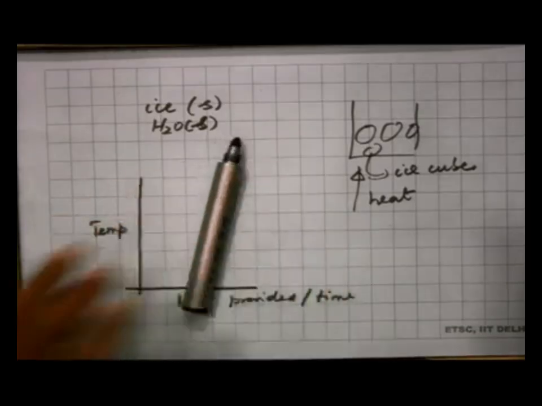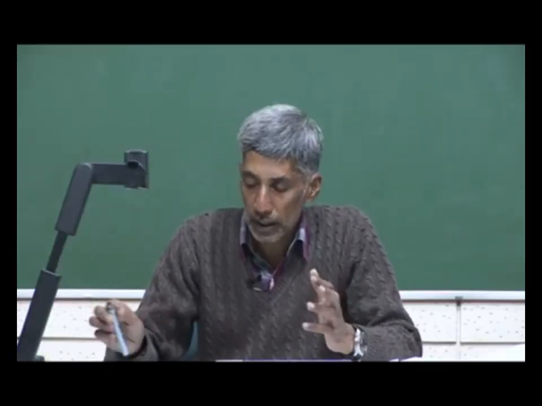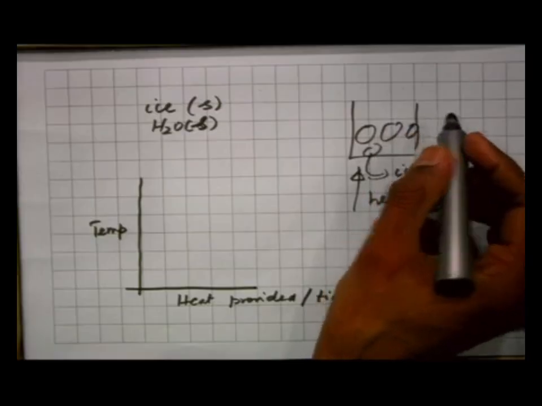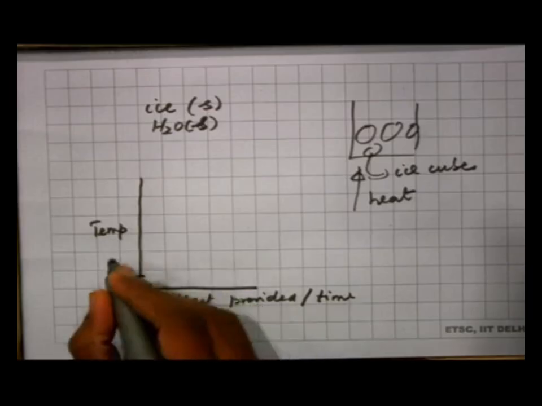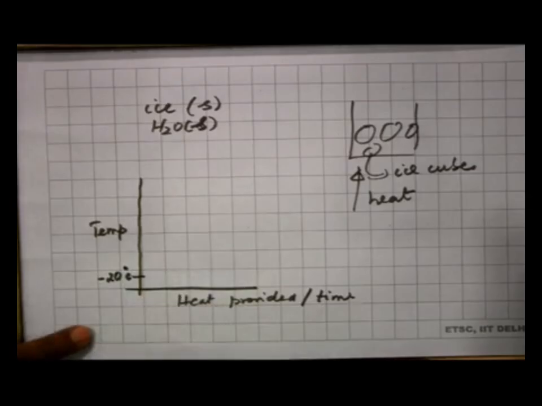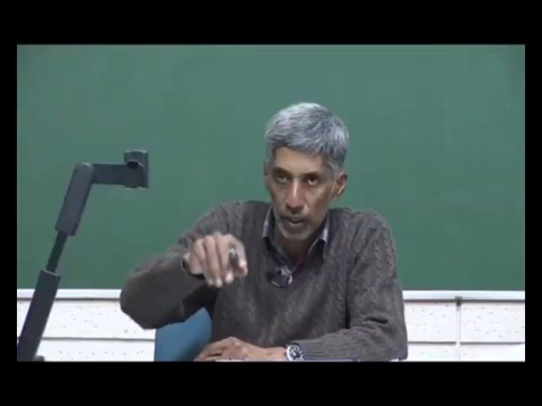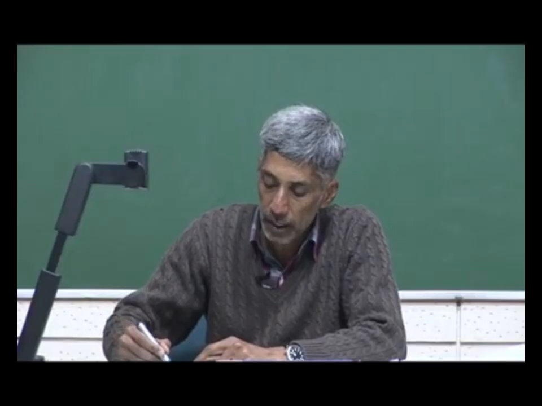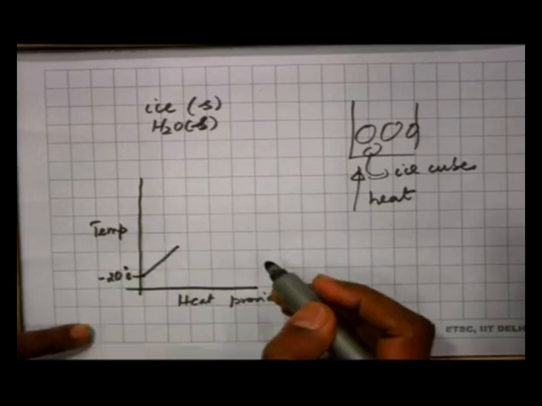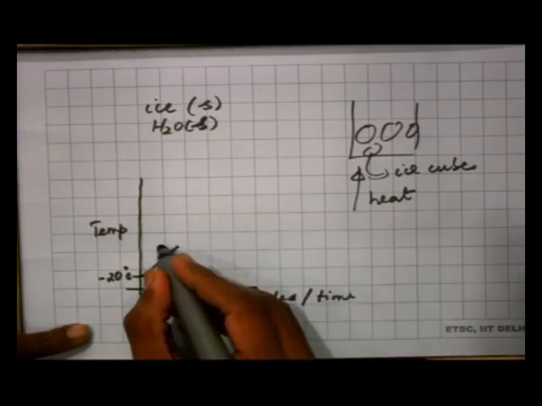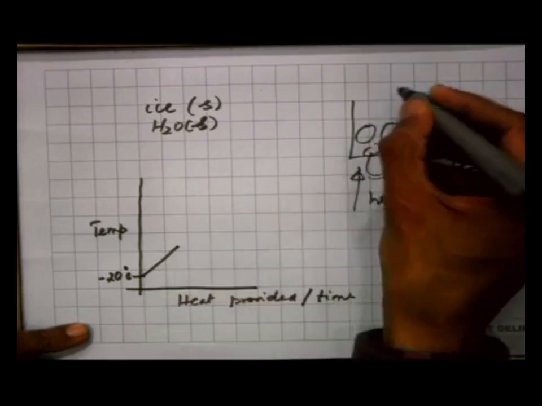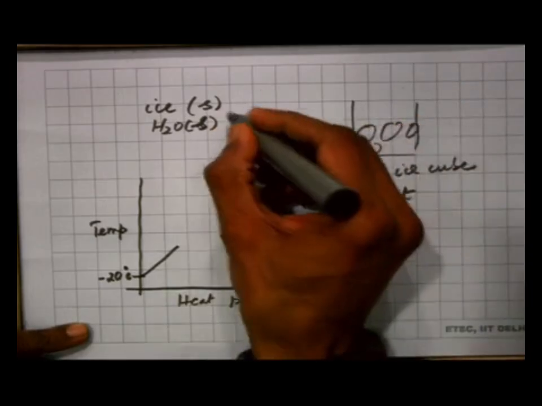Let us think of what would happen. So, we start with ice at a temperature below its freezing point under normal pressure. So, let us imagine that we started at 20 degrees below 0 and we provide heat to it. You can put it into a kitchen flame or a Bunsen burner or something like that, and the temperature starts to rise. The temperature starts to rise up to a point where ice solid or water solid undergoes a change to water liquid.